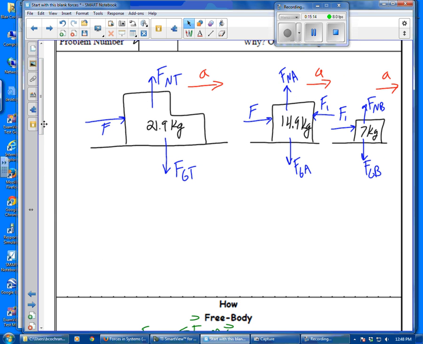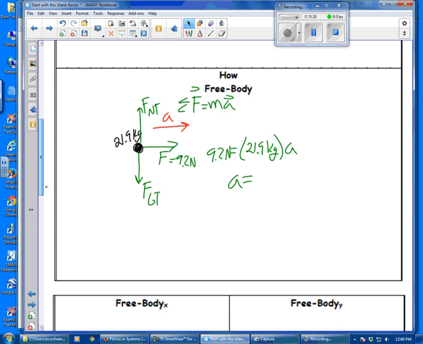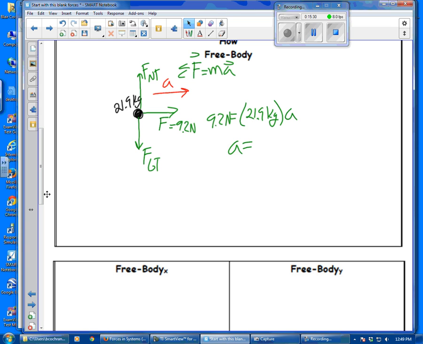Now they want me to find force F1. And so I think I'll use the small box to do it. Start with my equation. Do I need to do this or you guys got it? Okay, keep going.